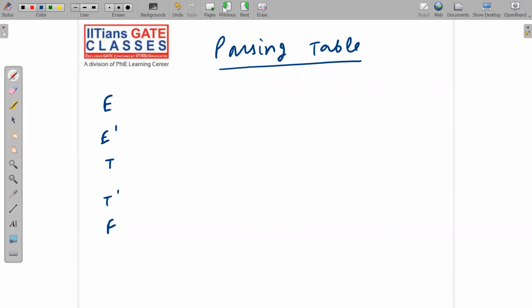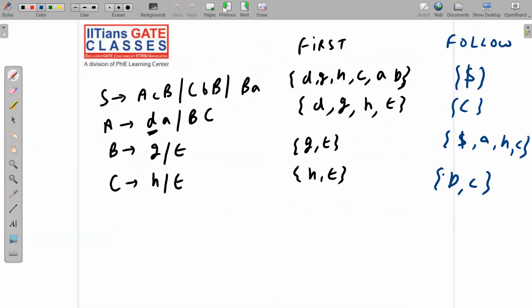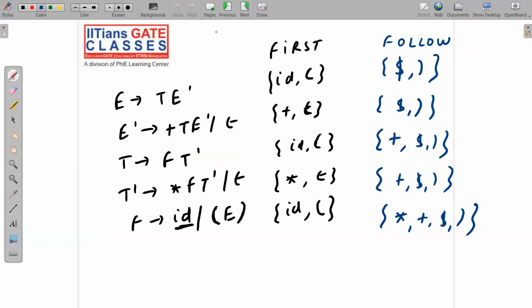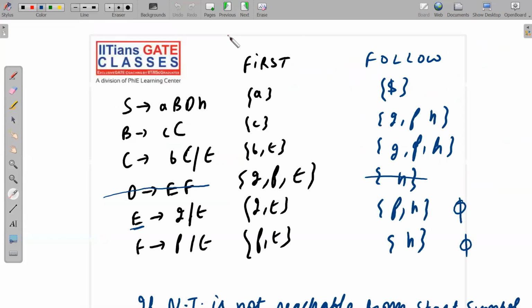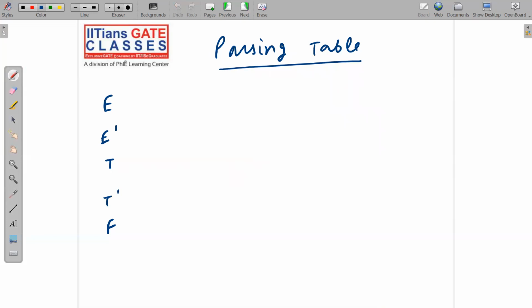So what are the terminal symbols? Please go to the previous slide and note it down. See here carefully: ID, opening bracket, closing bracket, plus, star, and dollar also. Please consider dollar as a terminal symbol. So all these are the terminal symbols. Let me write it here: ID, plus, star, opening bracket, closing bracket, and then dollar.